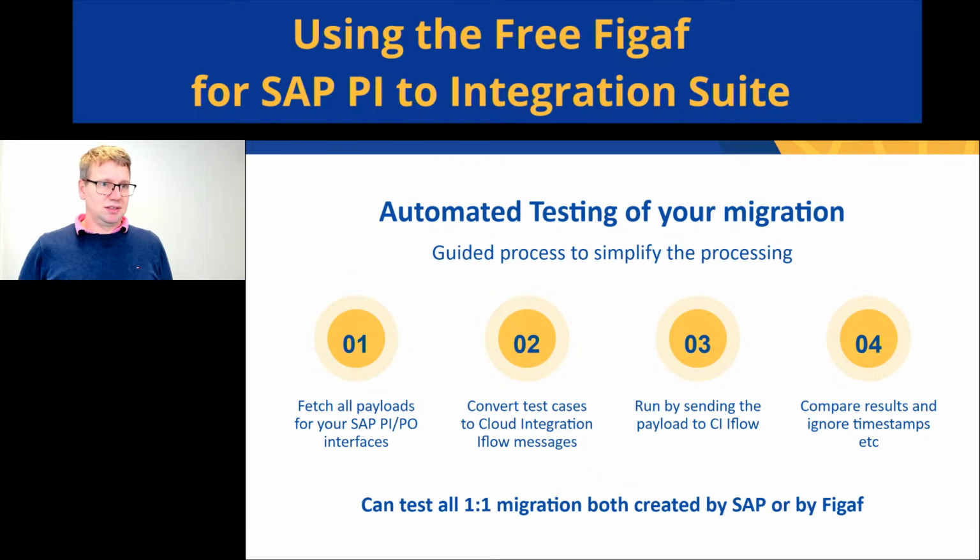It works quite simply. Take some messages from the PI system. You can obviously do this manually. The challenge is to do it at scale, being able to fetch 10, 100 messages and use them for your scenarios. Depending on the complexity of the scenarios, we have the ability to filter.